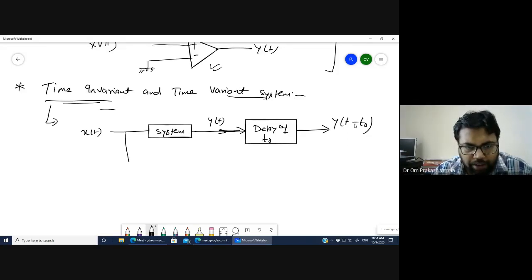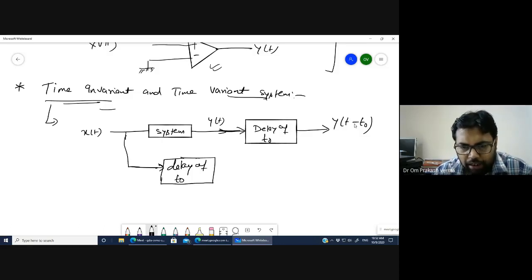In another case, you first pass the xt through a delay. It means the delay of t naught. Okay, and then you get x of t minus t naught, and then pass through the system.